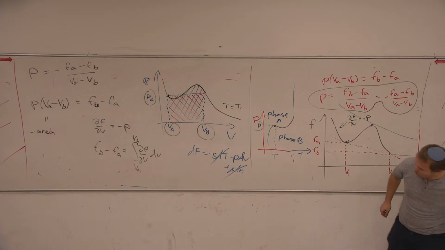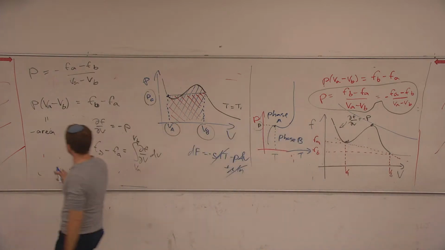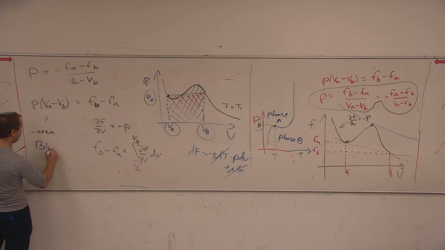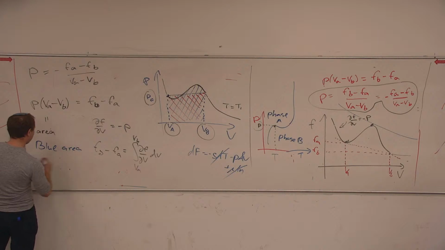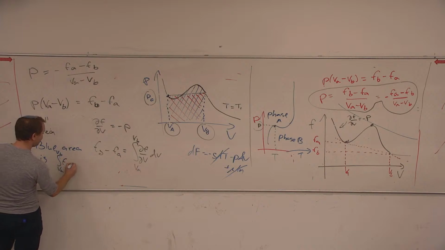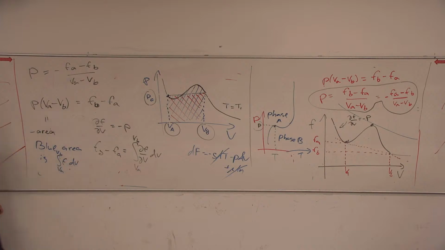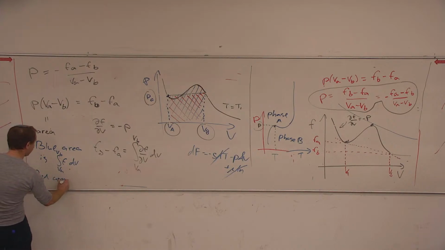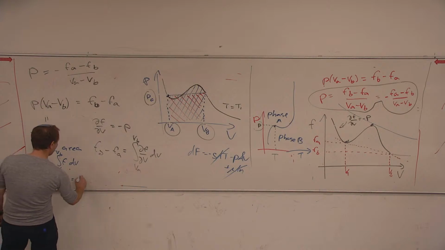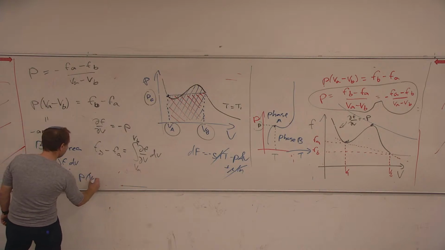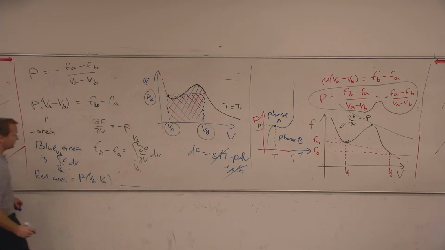Okay. So blue area, let me write it down. Blue area is the integral from VA to VB of dF. Okay? This is the blue area. Red area equals P times VB minus VA. Blue area is not P?